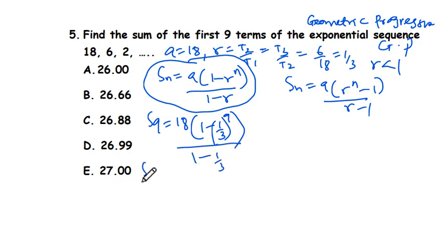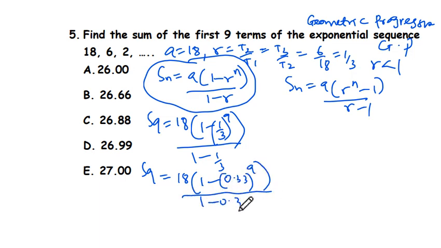Since our answer is in decimal form, let's convert this to decimal. 1 divided by 3 is 0.33. So the sum of 9 terms becomes 18 bracket 1 minus 0.33 raised to the power of 9, divided by 1 minus 0.33.